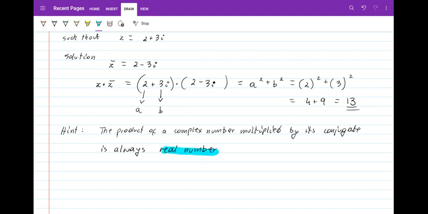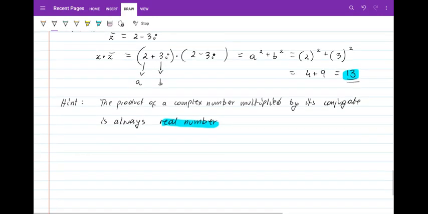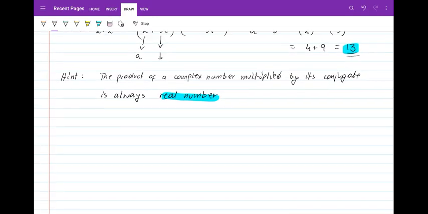Like you see, we end up with 13, so there is no imaginary unit. Complex times its conjugate will always give you a real number. Knowing this, we're going to learn how to write the quotient of two complex numbers in standard form.